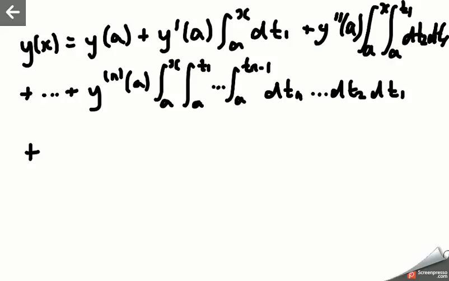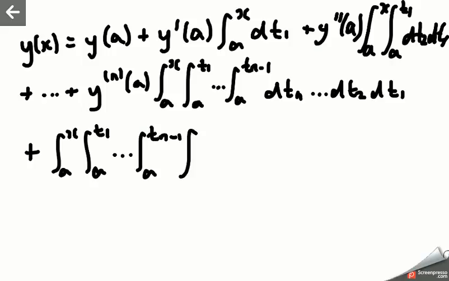and then our last term is of course the integral from a to x, integral from a to t1, all the way to the integral from a to tn, of y differentiated n plus 1 times, and then we put a dummy variable in.